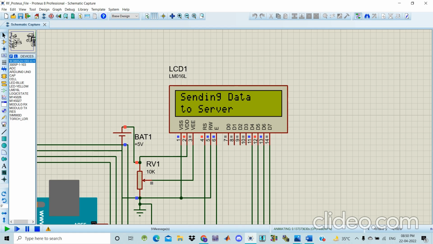So the data is being sent to the server using the GSM module. The GSM is being initialized.